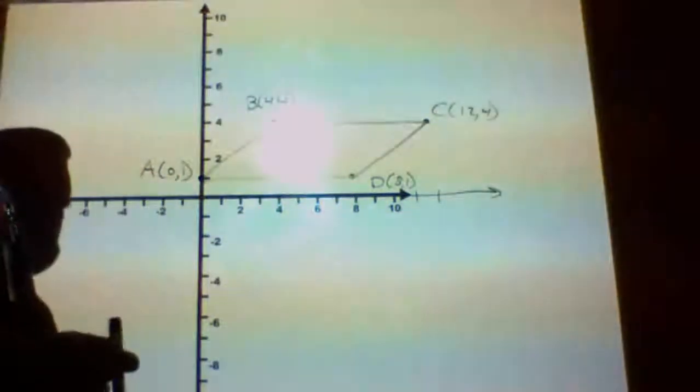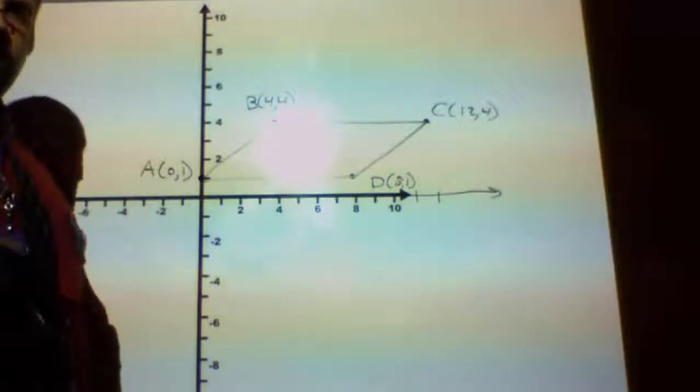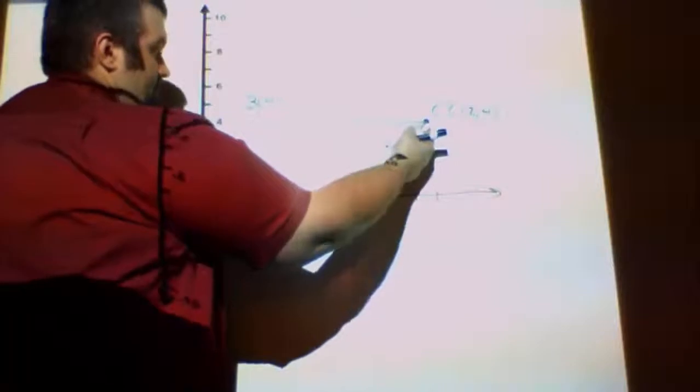Now, I like horizontal lines. Why? Because the distance formula is easy for horizontal lines. The length of this segment here is just what I count to the right. So 4 to 12. It stayed at the same spot vertically. So that means 4 to 12, I take 12 minus 4. This is 8 long.